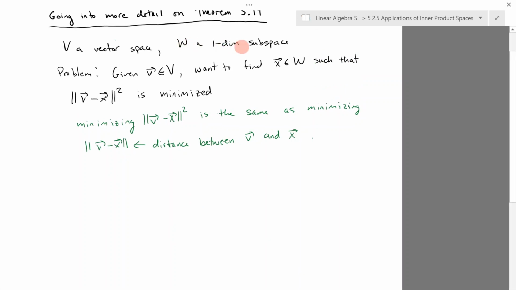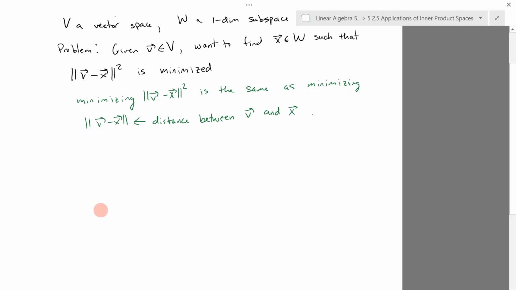So let's try to visualize things geometrically, right? So W is a one-dimensional subspace, so that's just a line, and let's say W has a unit vector as its basis vector, right? So W1 is a unit vector in W, right?